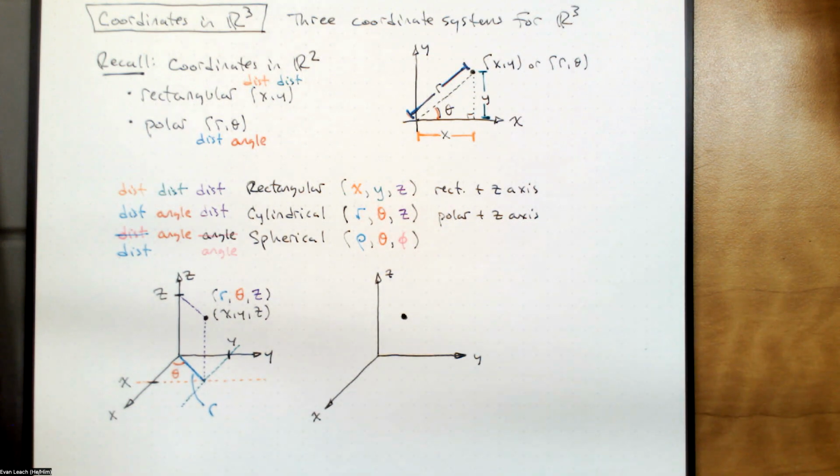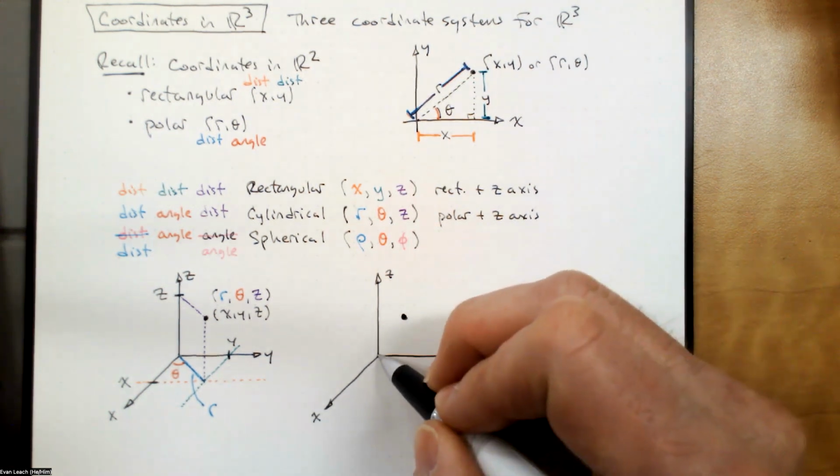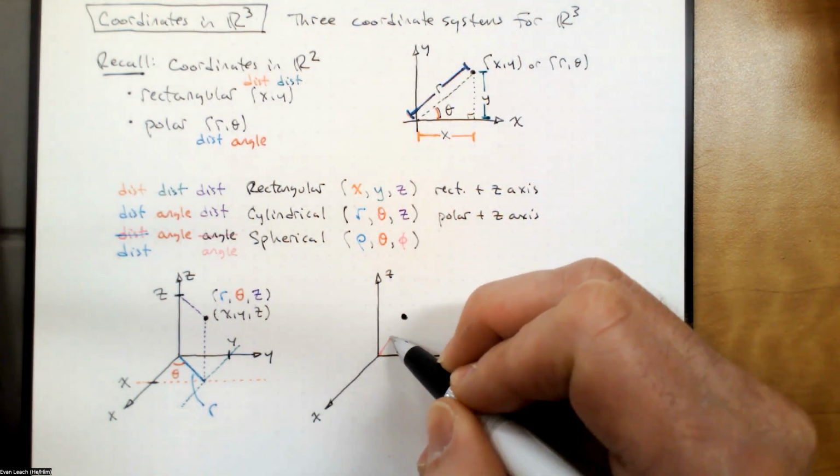Now, if I want to describe that point in spherical coordinates, I only have one distance from the origin to that point. That's the distance rho.